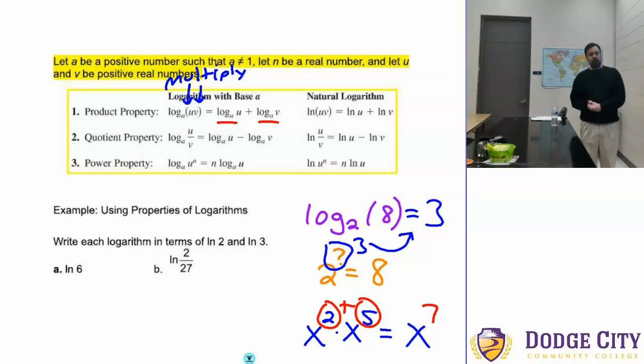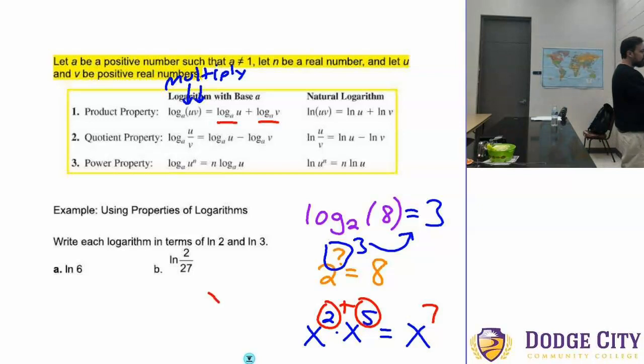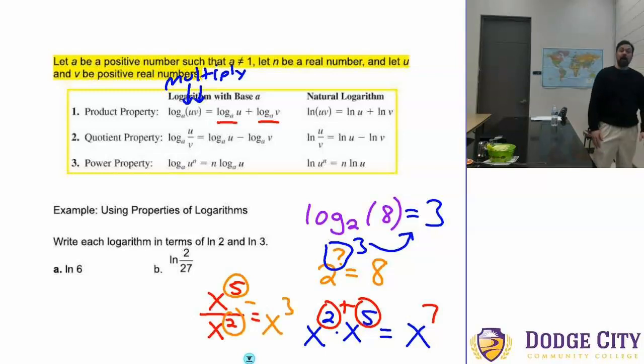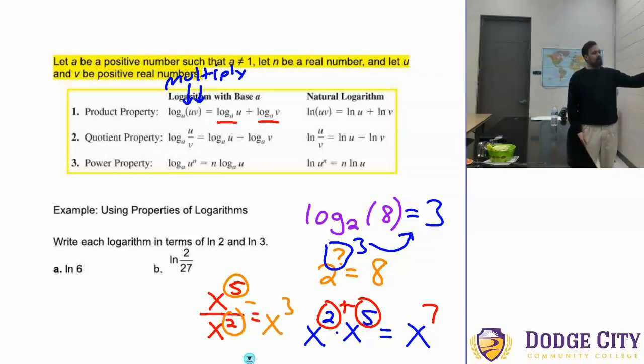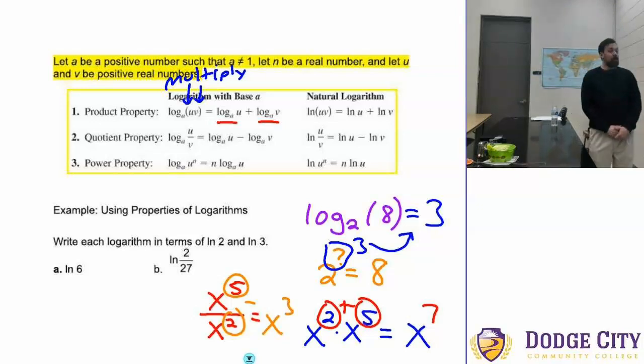Same thing for property number 2. If you're dividing, what do you do with exponents in that case? So we have like x to the fifth power divided by x to the second power. We subtract those exponents. 5 minus 2 gives me 3, and that becomes my new exponent.